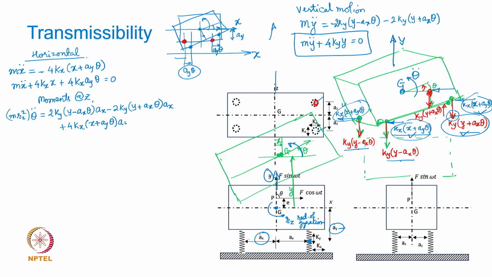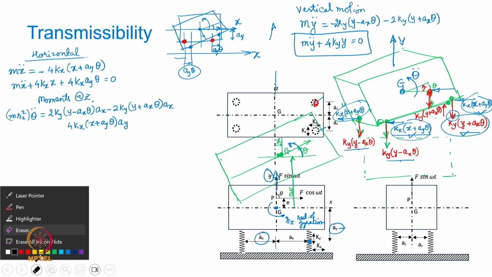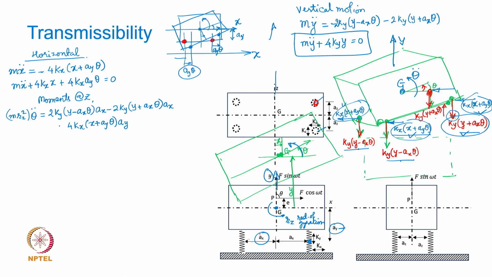Oh, sorry, so this has to be negative, isn't it? Because theta is positive counterclockwise, these are all clockwise ones, so they are going to be minus. All right, so this is going to be generating another equation.